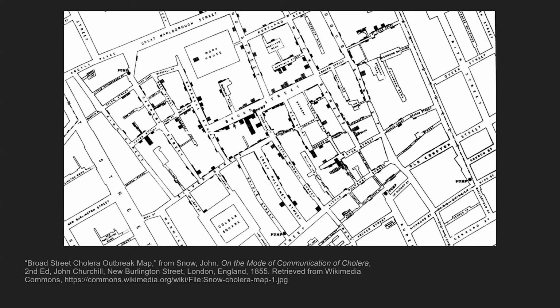And so it was found that the water supply was to blame. And so that's why there's these marks for the pumps. And so it turned out that this one pump was tainted by something. And that's why the disease is spreading, not because these rich people were having to walk by poor people too often or something like that. So it's an investigative method, and you can use maps to do investigations in the same way today.